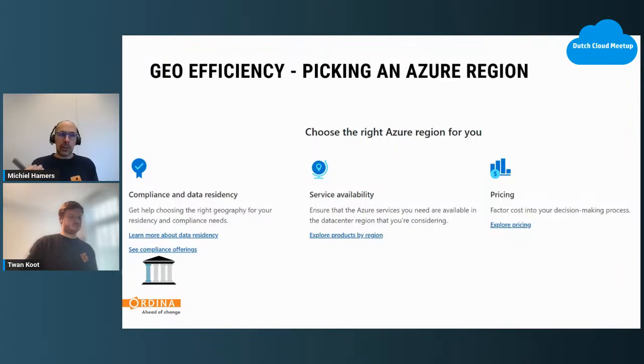As Microsoft already stated on their own website, compliance and data residency, serviceability, and pricing, those three things you need to keep in mind when you select your data center. So compliance and data residency is more or less a given. You need to check.